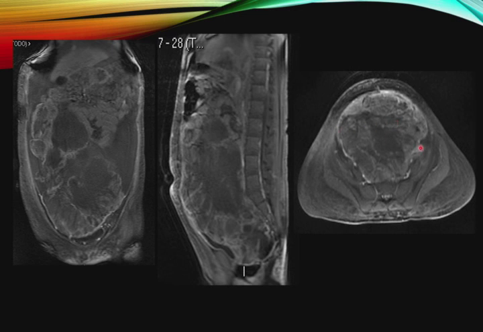After the administration of gadolinium, it shows significant heterogeneous enhancement, suggesting an annexal neoformative process with the possibility of the diagnosis of malignant germ cell tumor of the dysgerminoma type.